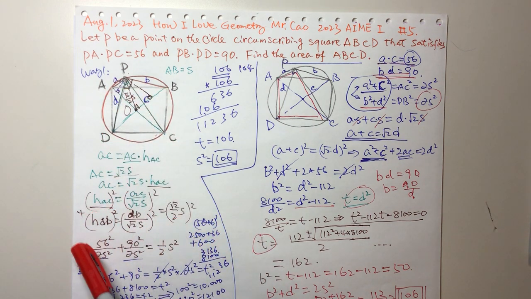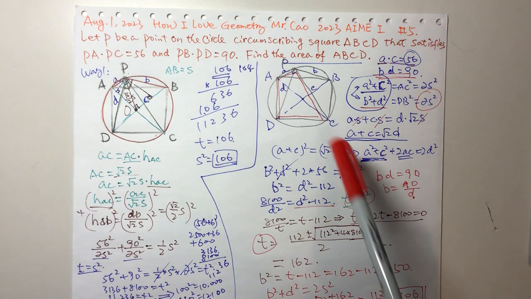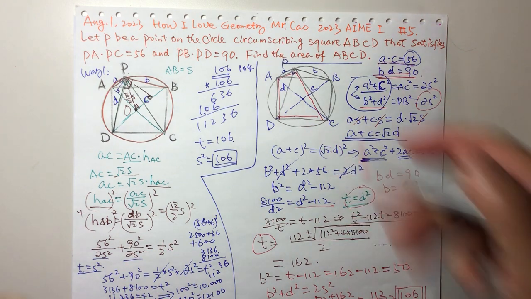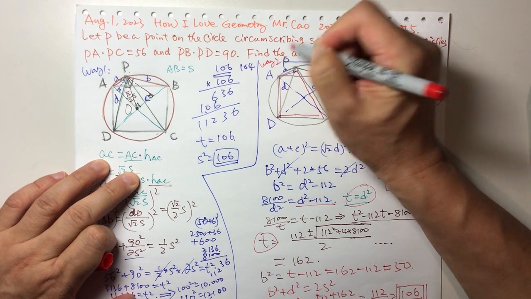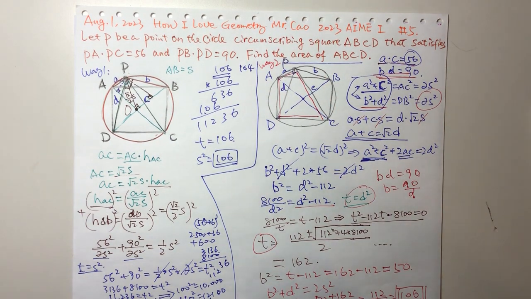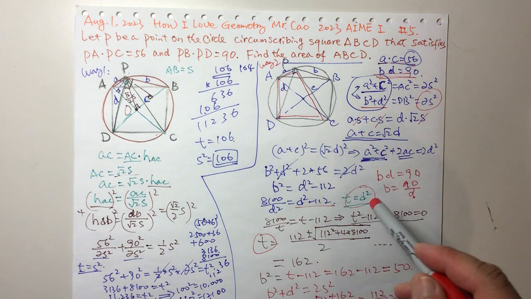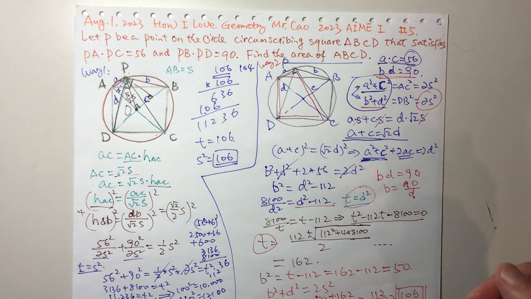Then we can easily solve the equation. But way 2 also works: we use Ptolemy's theorem and the Pythagorean theorem to solve the equation. It has more calculation, but it also works. I hope you enjoy it. Thank you.